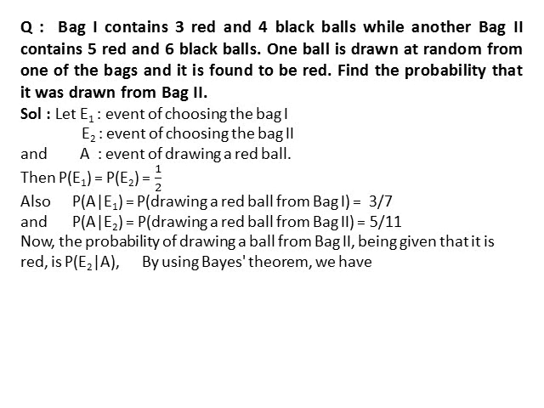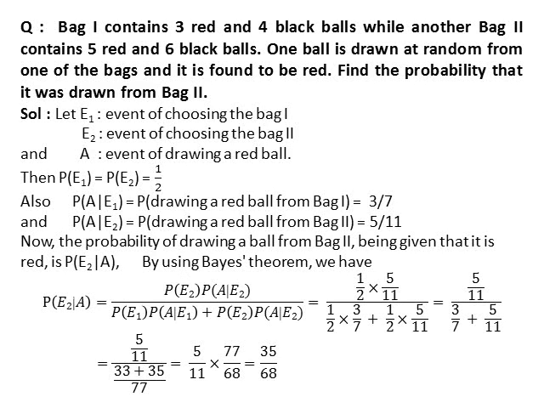Now, the probability that the ball is from bag 2, given that it is red, is P(E2 given A). By using Bayes theorem, we have P(E2 given A) equals P(E2) multiplied by P(A given E2) upon P(E1) multiplied by P(A given E1) plus P(E2) multiplied by P(A given E2).